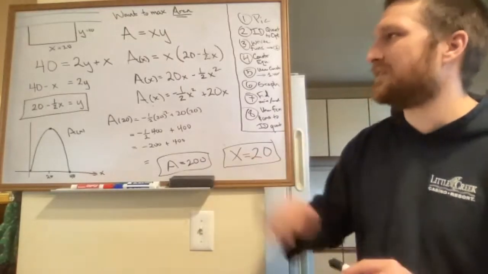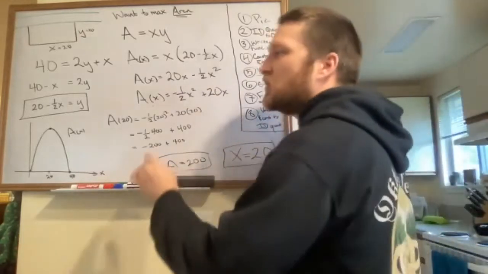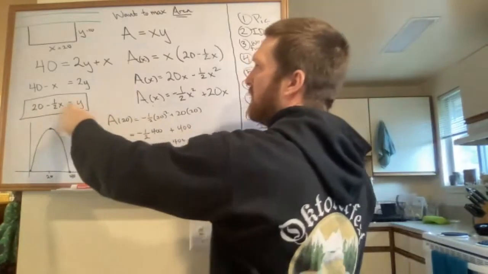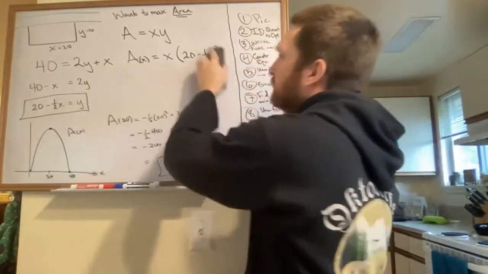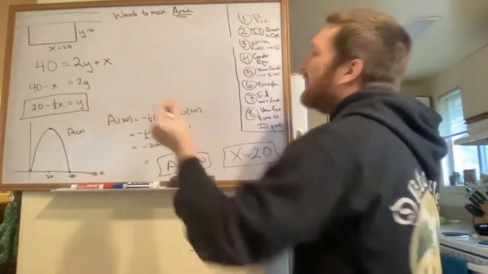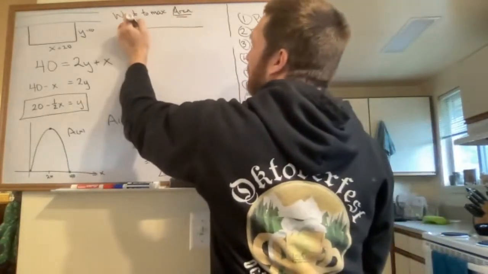Another thing, just notice, this is the interesting thing about the constraint: I plugged that into that right there. But you'll notice that that's exactly what we were doing at the beginning, right?